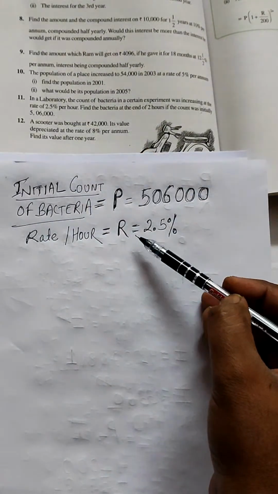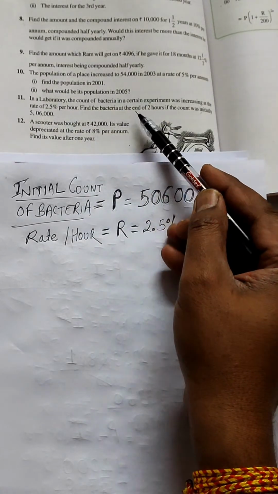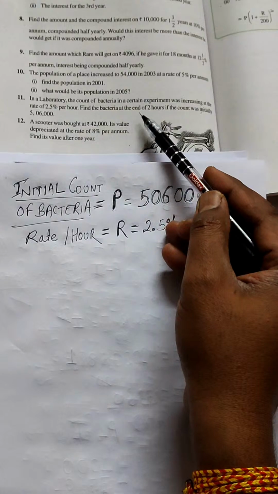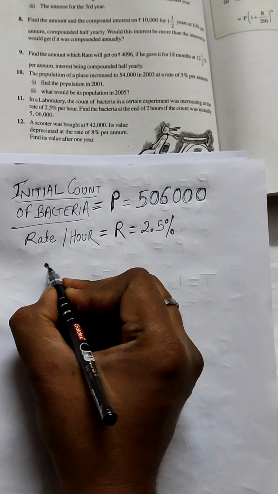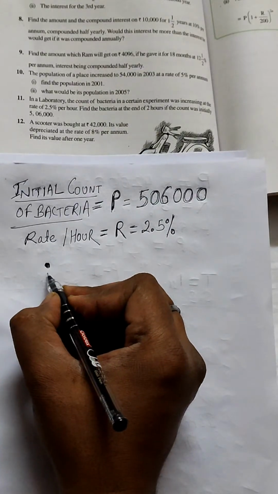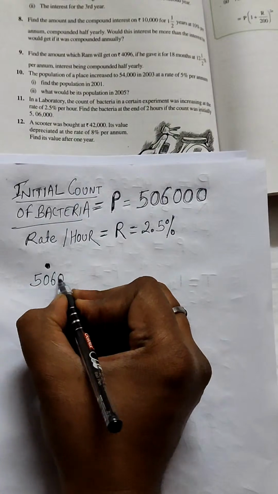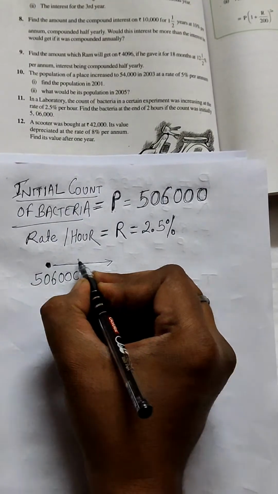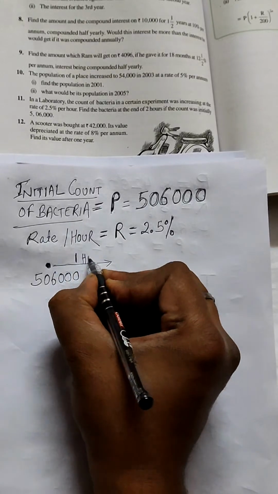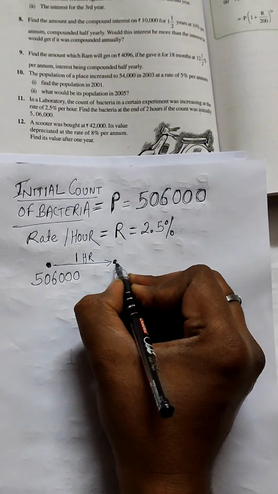This is the rate of multiplying the bacteria, right? Find the bacteria at the end of 2 hours. So suppose this is the beginning position. In the beginning, the count was 506,000, and after 1 hour, the count will be something, right?